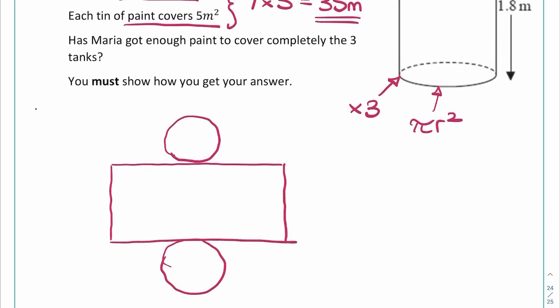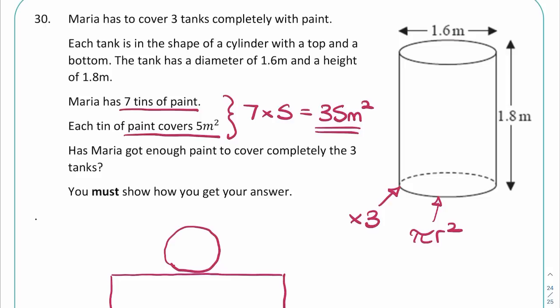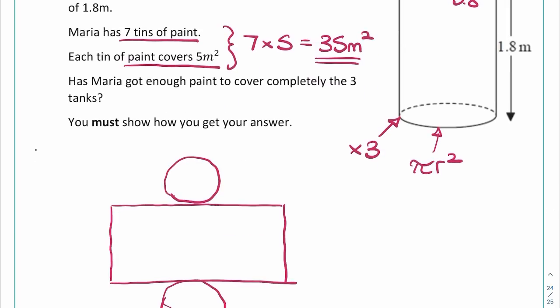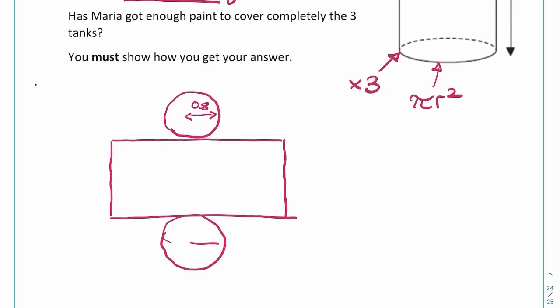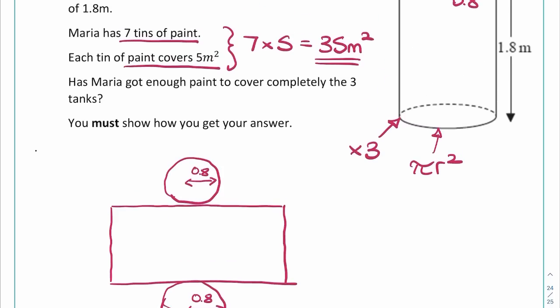Now the circles have a diameter of 1.6, although straight away, whenever I'm looking at circles and I want the radius, I'm always going to write that in straight away. So that has a radius of 0.8. So that circle's not too difficult to work out. You also have another radius down here of 0.8. What else do we have? We've got a height of 1.8.